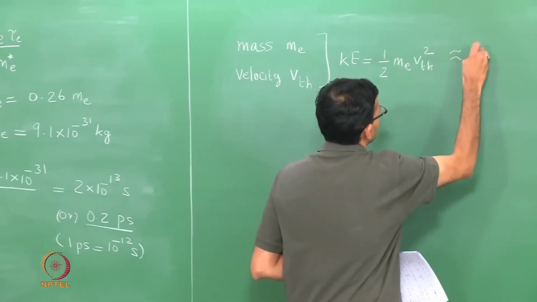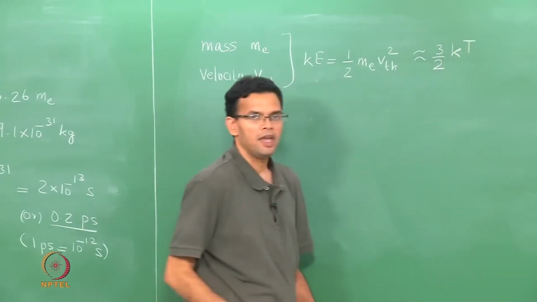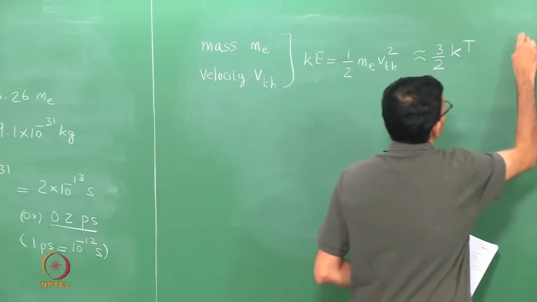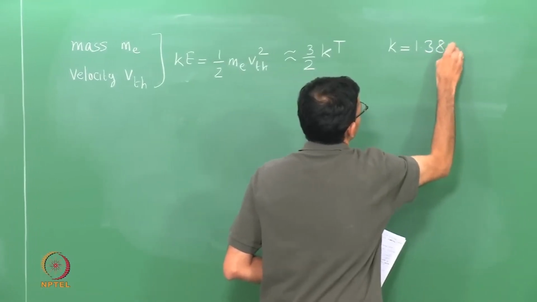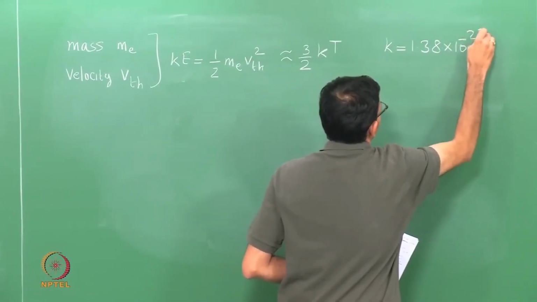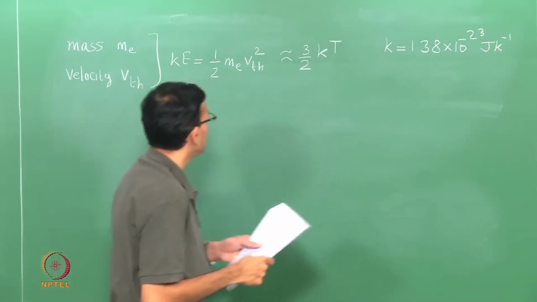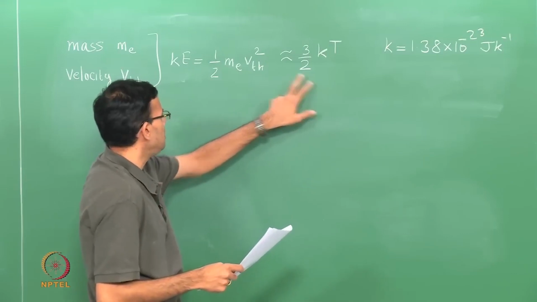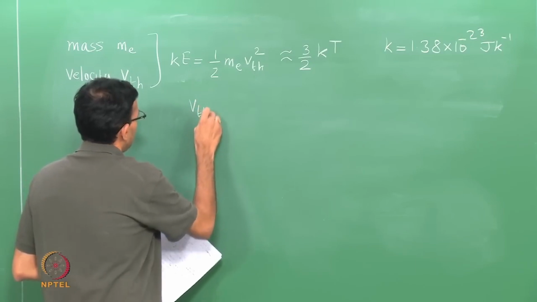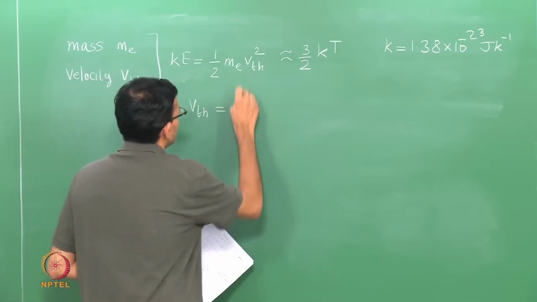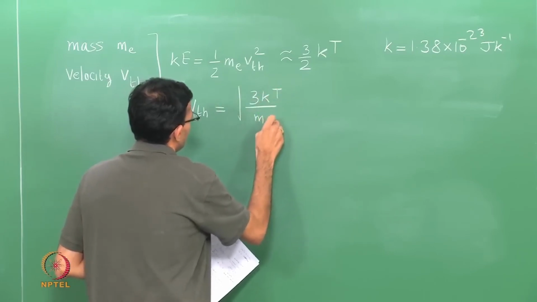So, this is approximately equal to 3/2 kT, where k is the Boltzmann's constant. k has the value 1.38 times 10 to the minus 23 joules per Kelvin. Equating this expression, we can find a value for V thermal, or the velocity of the electron, which is nothing but square root of 3 kT over me.